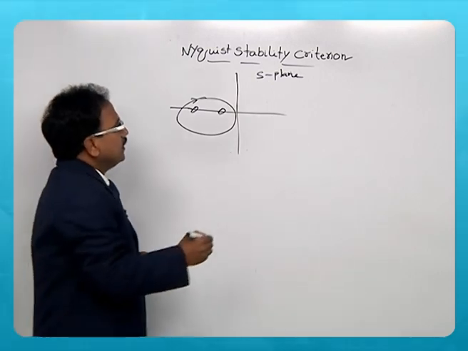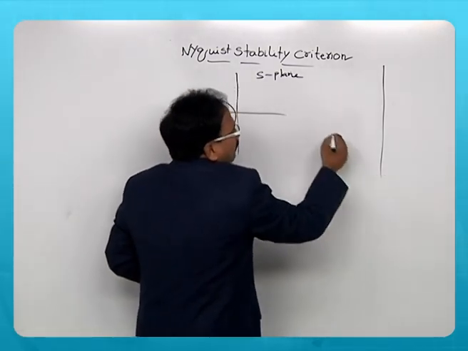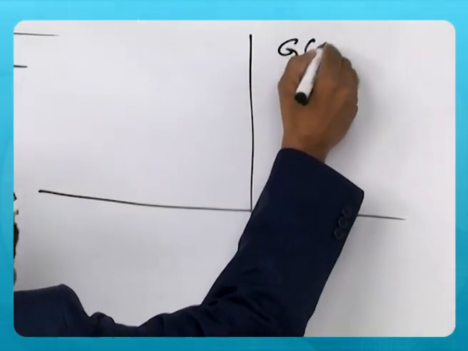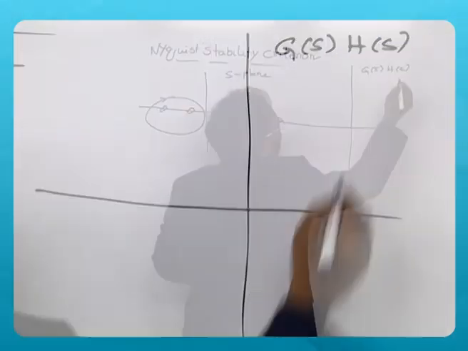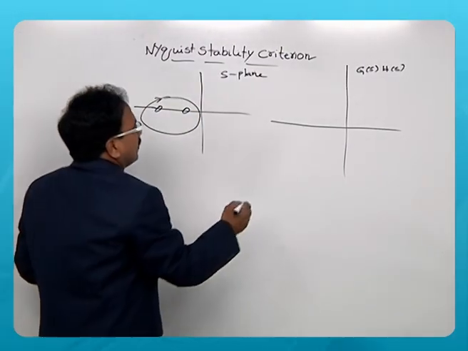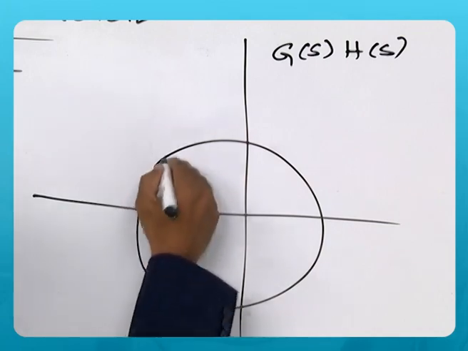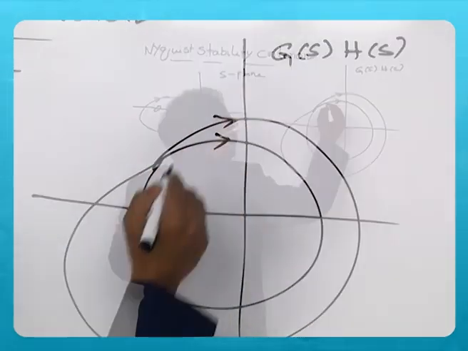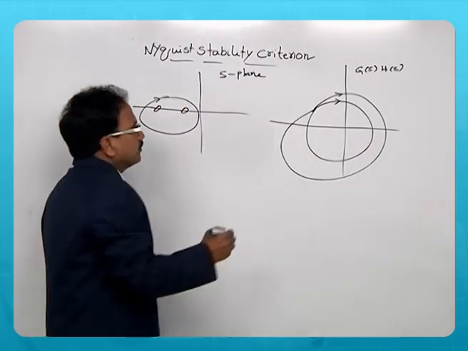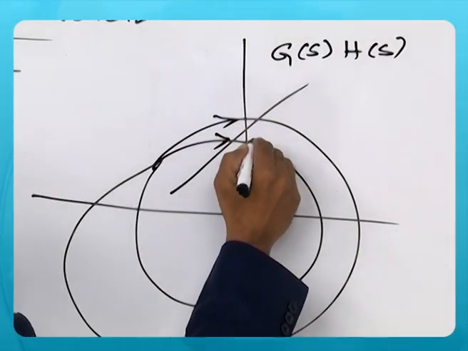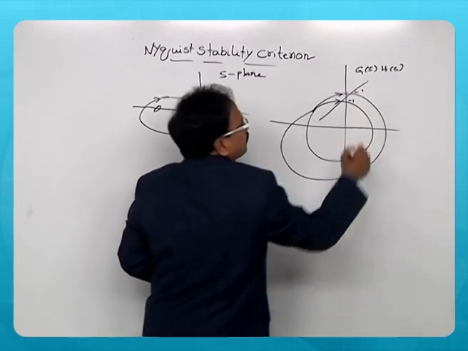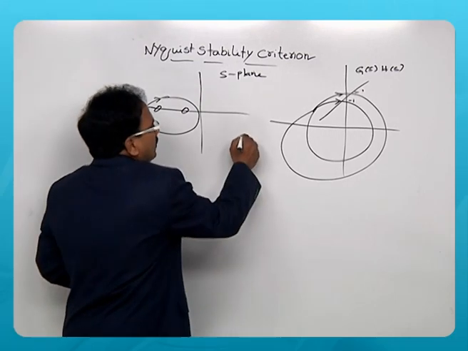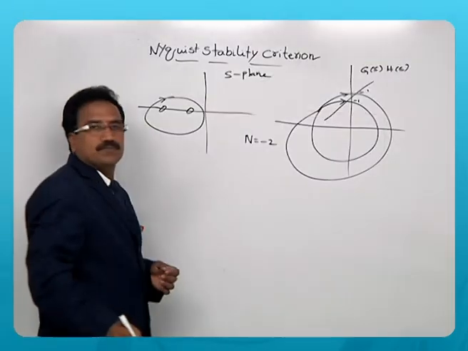Then if you map every point into the G(s)H(s) plane, there will be encirclements in the clockwise direction, two times, 1 and 2. Because it is in the clockwise direction, I write n is equal to minus 2.